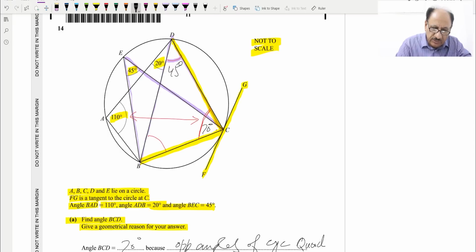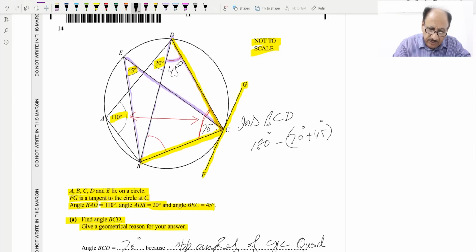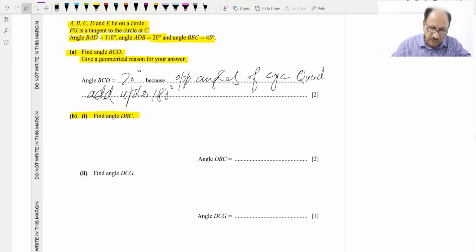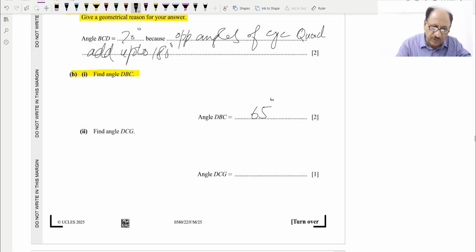And now in triangle BCD, 180 minus 70 plus 45 will be angle DBC. This will be 180 minus 115, so this will be equal to 65 degrees. So we found this as 65 degrees.